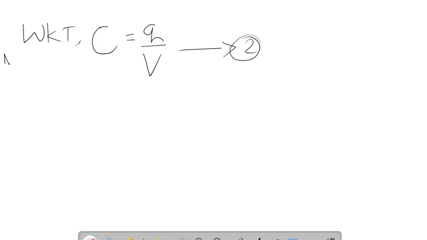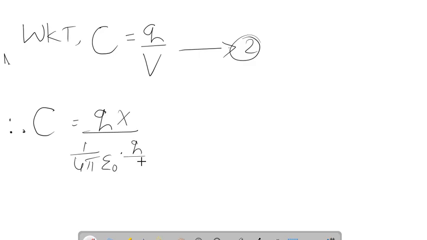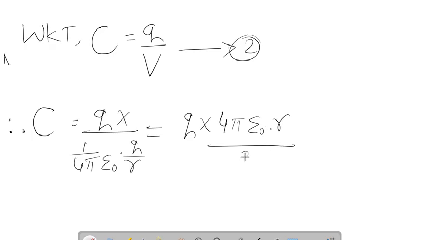Now, therefore, the capacitance of the isolated sphere will become Q divided by V, and what is V in the first equation? 1 divided by 4 pi epsilon naught into Q divided by R, or it can also be written as Q into 4 pi epsilon naught into R whole divided by Q. So here one Q and this one Q will cancel.